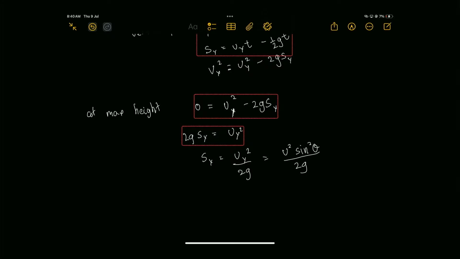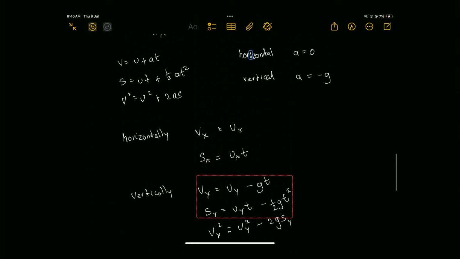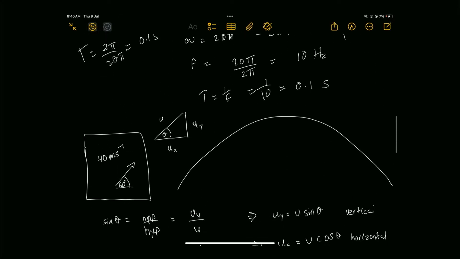It would take the same time to go from the initial vertical point to the maximum height as it takes to go from the maximum height back to the ground, right? Because if we look at this diagram, it is symmetric, right?